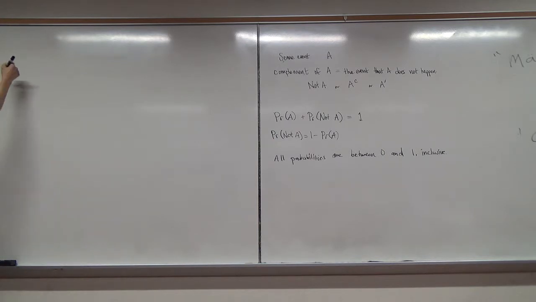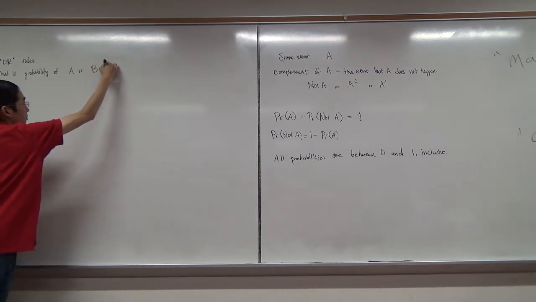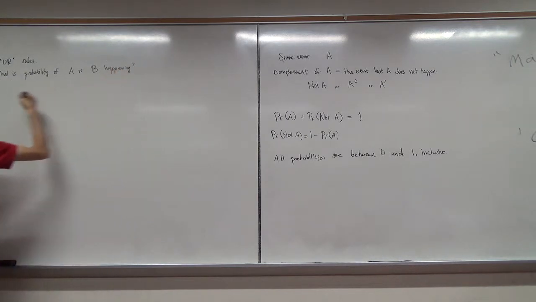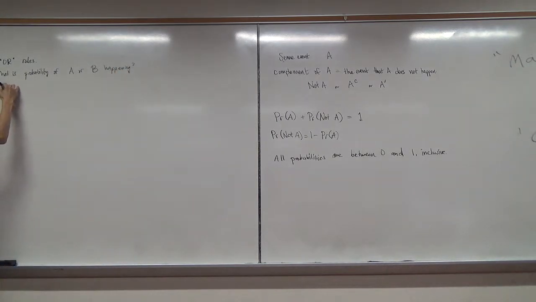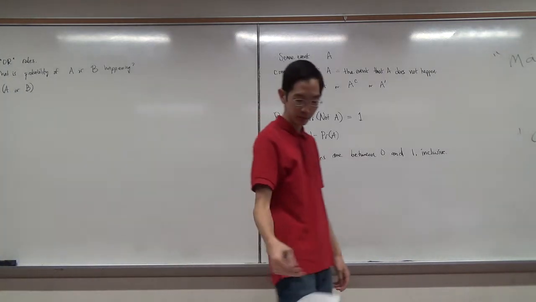Okay. We have quote-unquote OR rules. So we could ask a question, what is the probability of A or B happening? So we would write this as the probability of A or B. Okay.